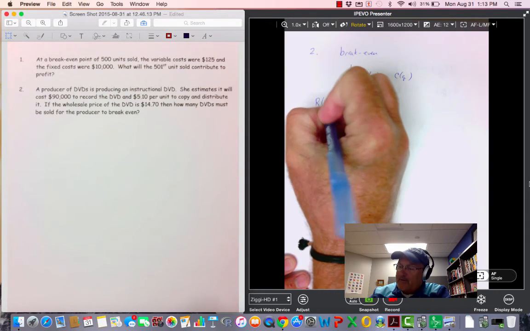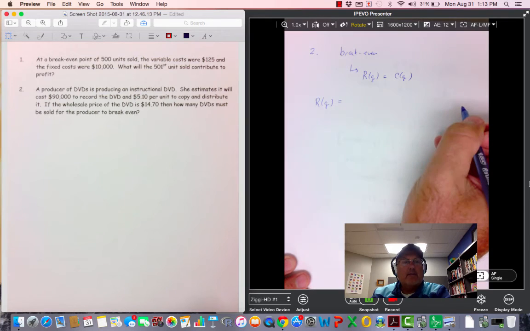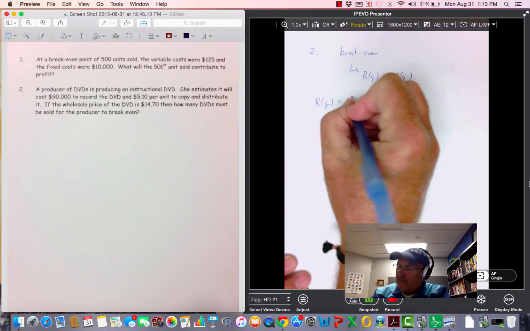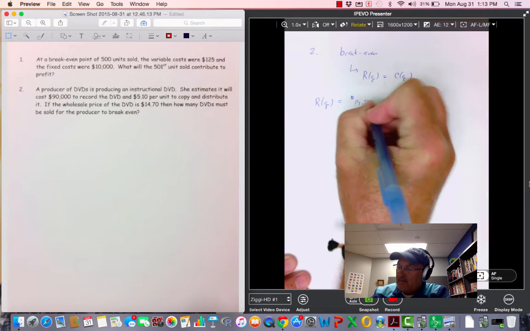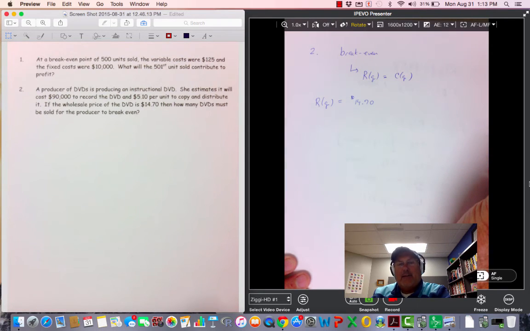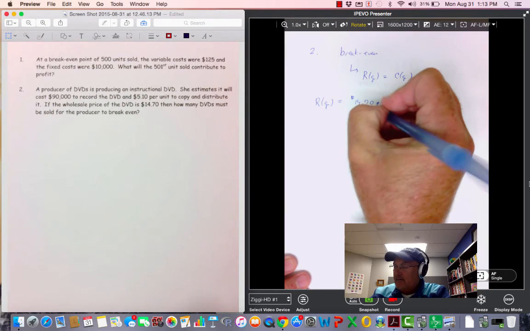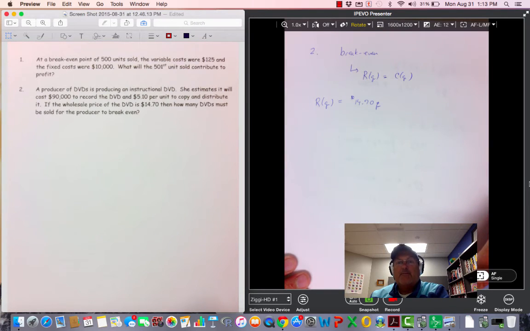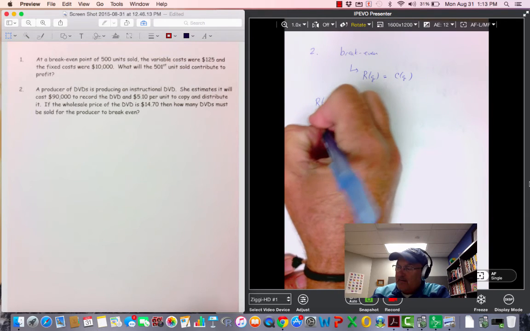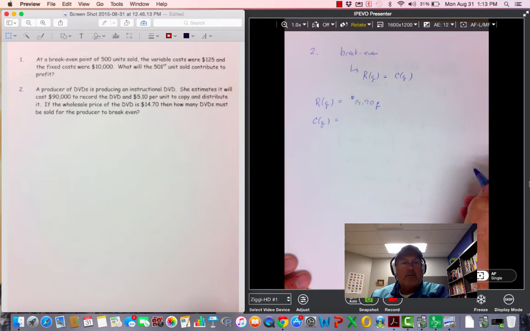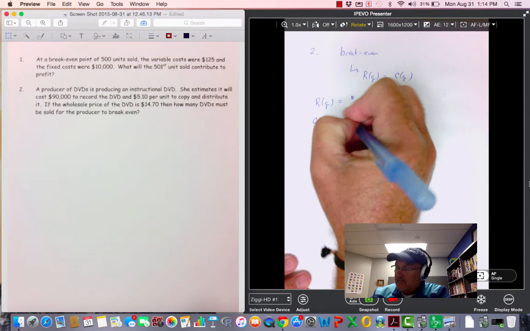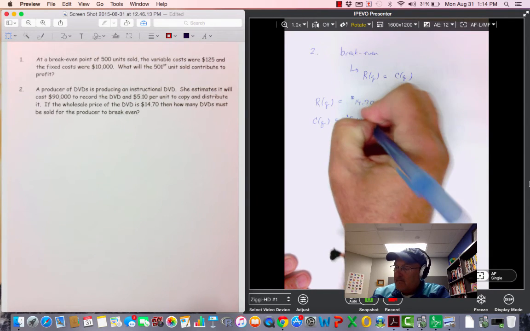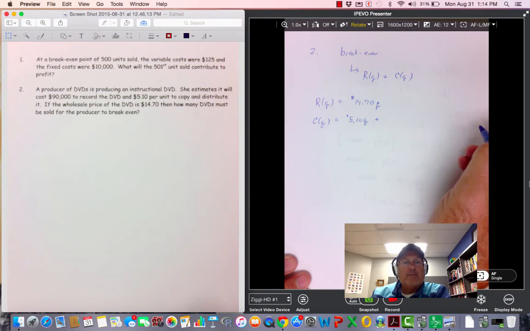Our revenue function here, we don't have to do much work there because we see that the wholesale price is $14.70. So we can take the price at which it's sold times the number sold to get the revenue function. And our cost function is always the marginal cost plus the fixed cost.